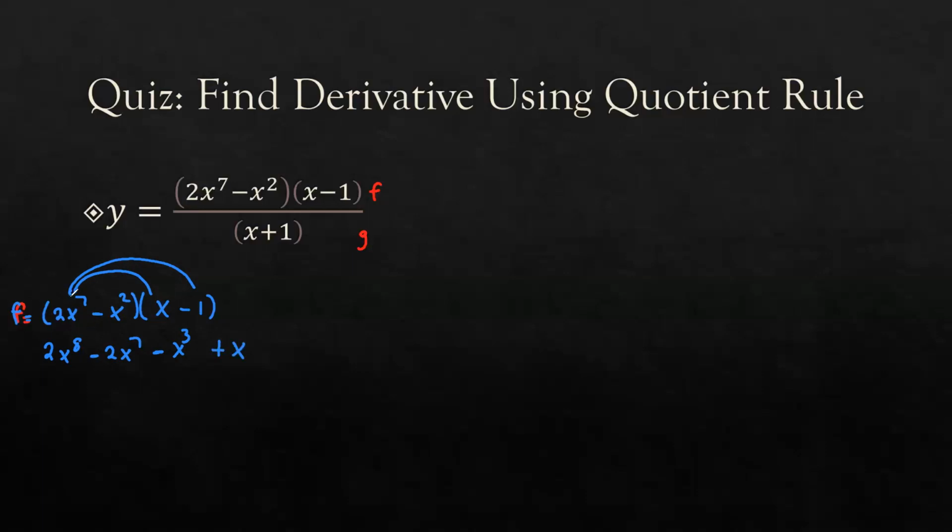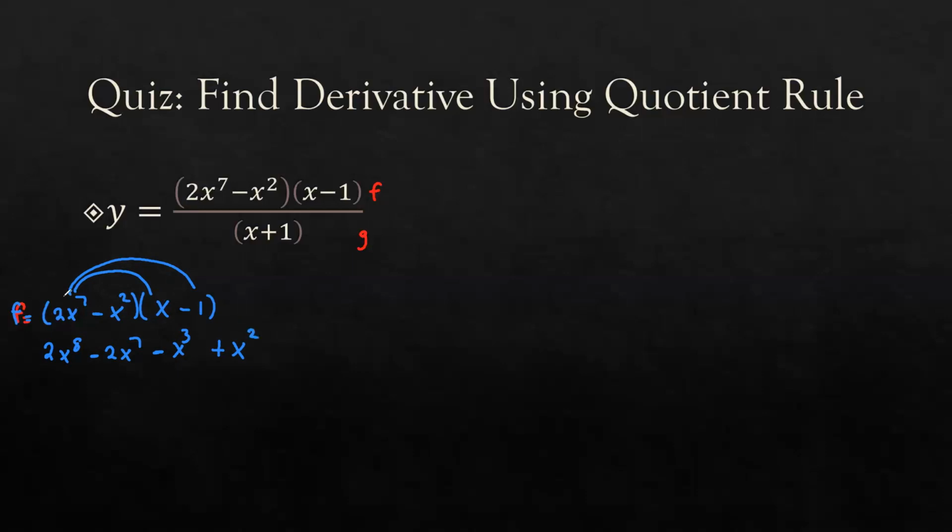So let me double check my work. 2x^7 times x is 2x^8. 2x^7 times -1 is negative 2x^7. Negative x squared times x is negative x cubed. Negative x squared times -1 is, oh, make a mistake. So negative x squared times -1 is positive x squared.